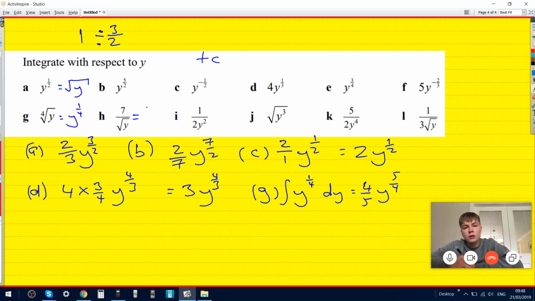So that's 7 over y to the half. And when you bring the half up, what's going to happen? Minus half. Yes. And so it's 7y to the minus a half. Then you would just integrate it from there, which would be alright for part I.